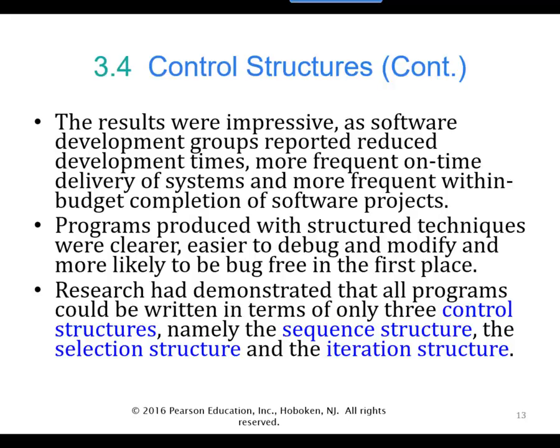The go-to statement was replaced with function calls or procedure calls. Say you're rebuilding the engine of a car, and one of the things you want to do is replace the head gasket. In your top-level program, you would say remove engine.